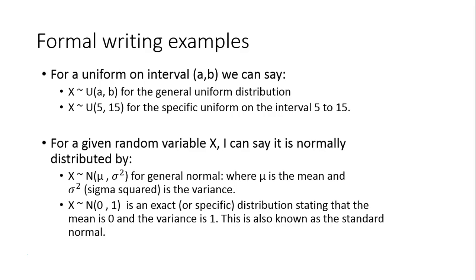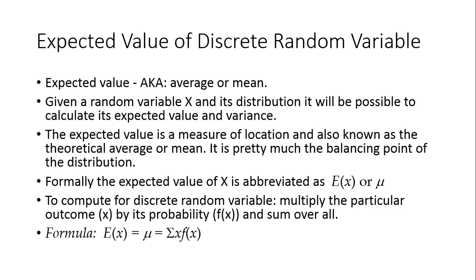Okay, so moving on. Now we covered the basics of these random variables and how to know probabilities in them and so forth. Let's move on to expected value and variance of a random variable. So what is this?